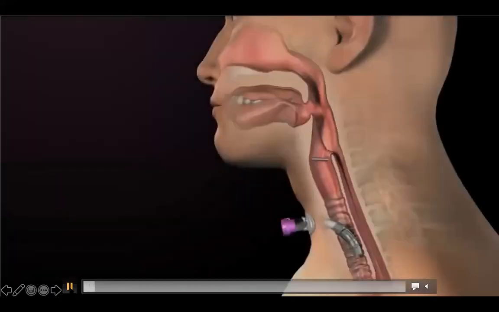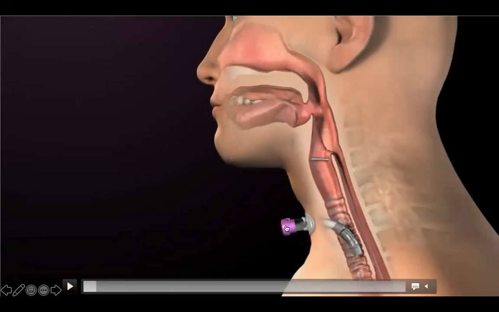Okay, so I'm just going to show you a video to explain how a speaking valve works. If we don't have the valve, the air is going to go through the trach and out of the trach, right? Nothing is going to go through our nose and mouth, so no airway circulation here.